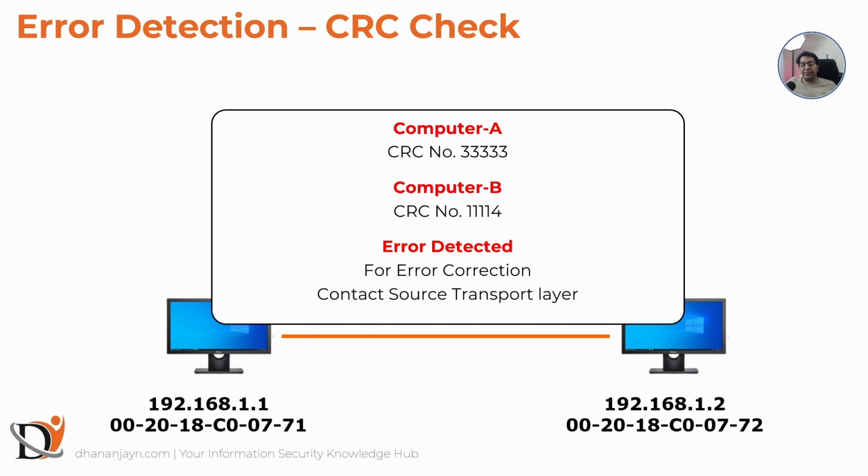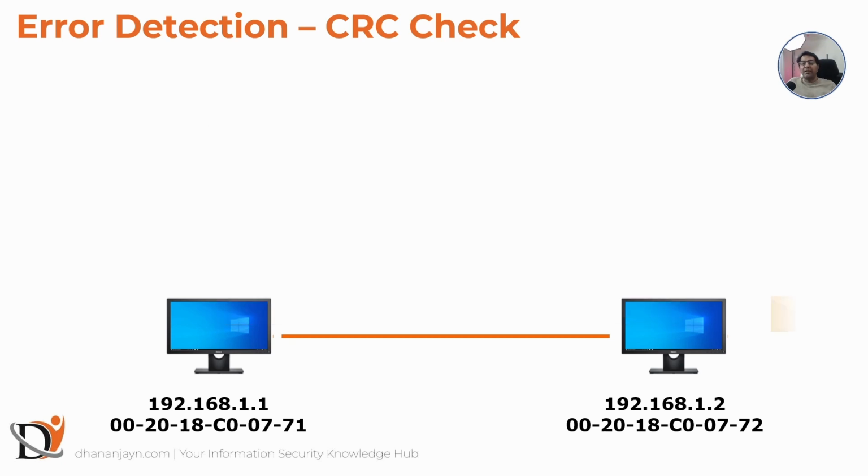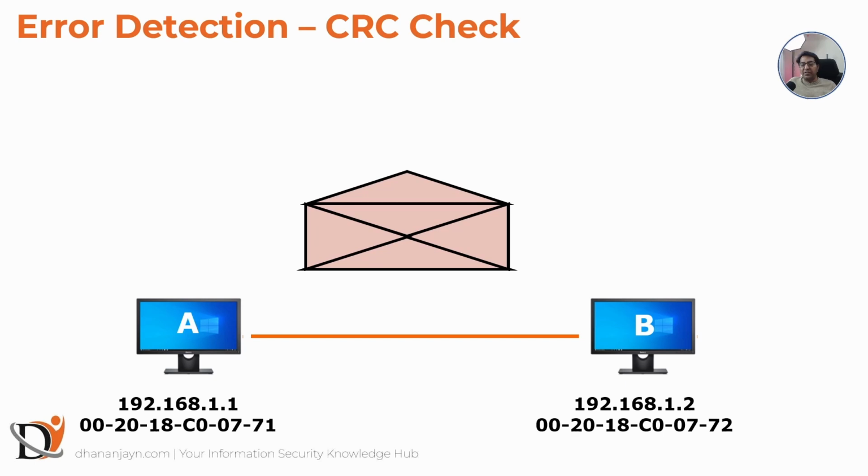Computer A's CRC number was 33333, but while the data was received by computer B at the data link layer, the CRC number that was recalculated was different from the source CRC, and that's where the data link layer contacts the source OSI layers, where it communicates with the source transport layer and requests resending that data.